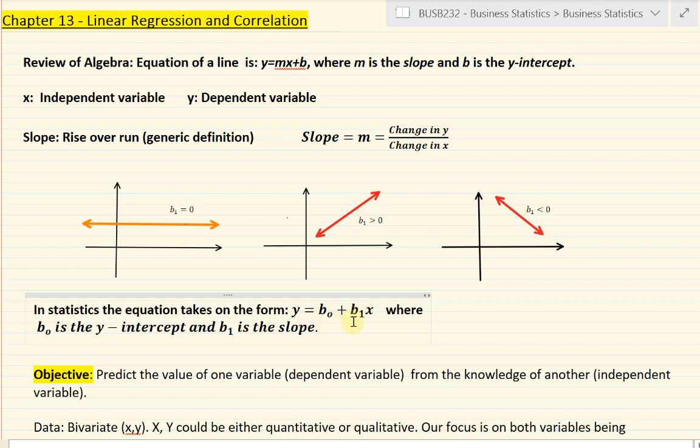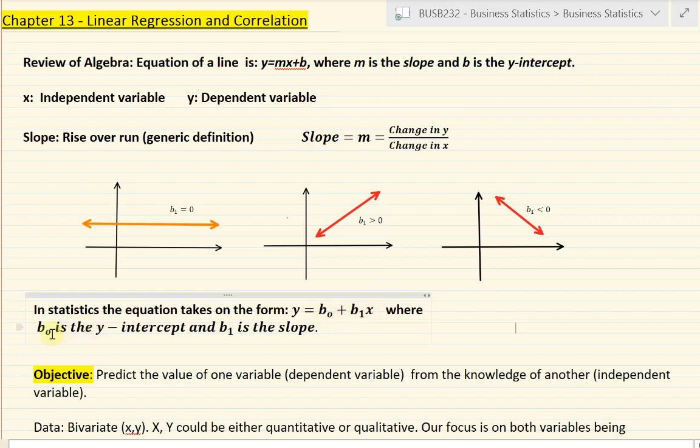The reason it's done this way is because in multiple regression, the more x's we have, this becomes x1, x2, x3, x4, x5, and so on. And then we can continue the pattern with the b's: b1, b2, b3, b4. So it lends itself better to multiple regression. That's why they change it from mx plus b to b sub 0 plus b sub 1 x.